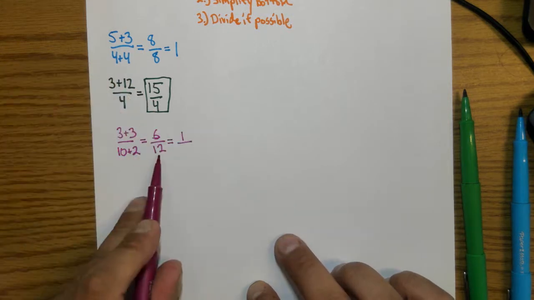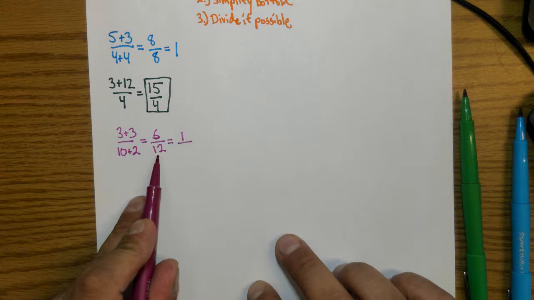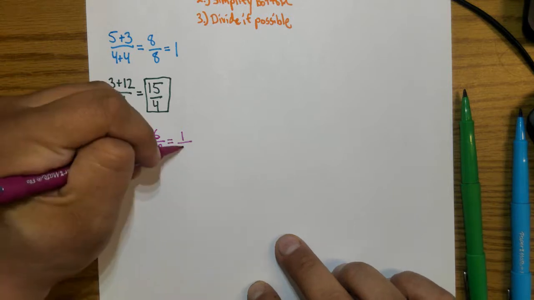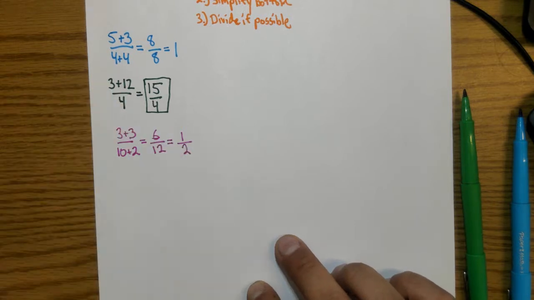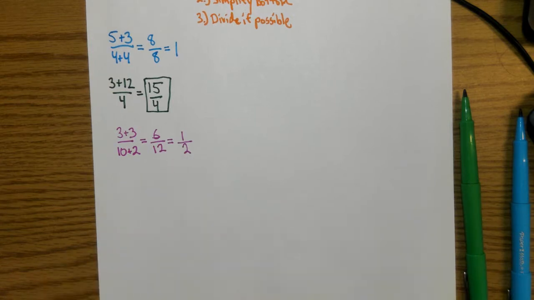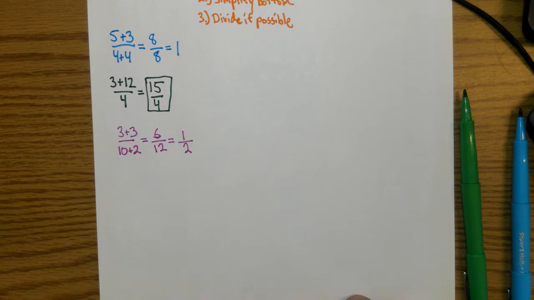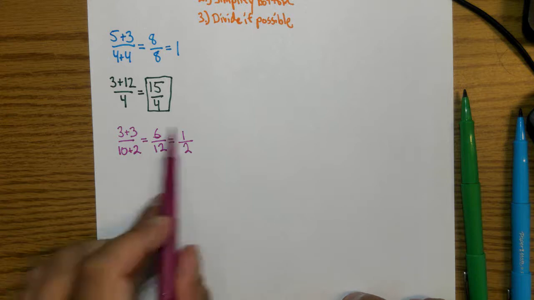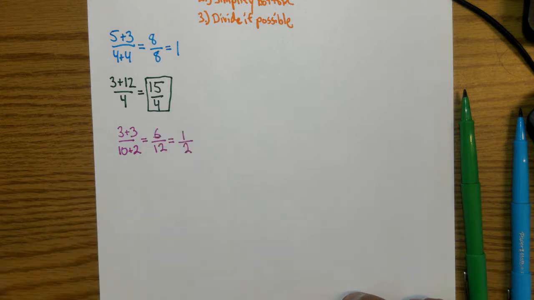And we divide the bottom by 6. 12 divided by 6 is just 2. So this really boils down to 1/2. Now, I am not huge on reducing fractions, but some people are. It's good to know how to do it, but I won't necessarily be hounding you guys on that.